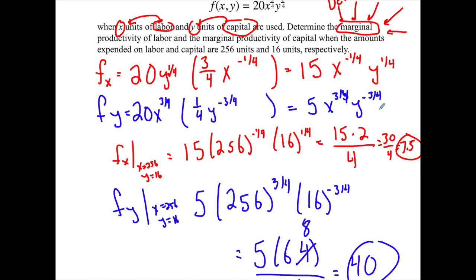If I dump in another unit of capital at this point, I'm going to get 40 units of productivity out. So what I'd be thinking about if I'm at this point is, where would I invest my money? The marginal productivity of labor and of capital, by telling me how things are going to change based on where I make the investment, kind of gives me some insight there.